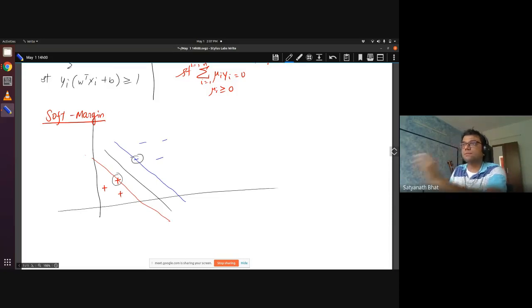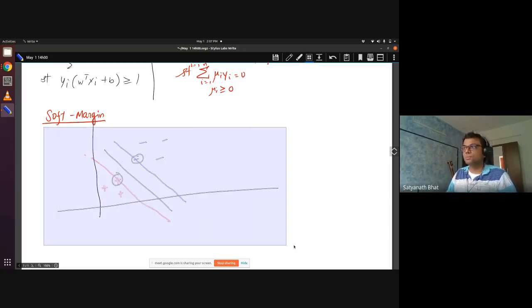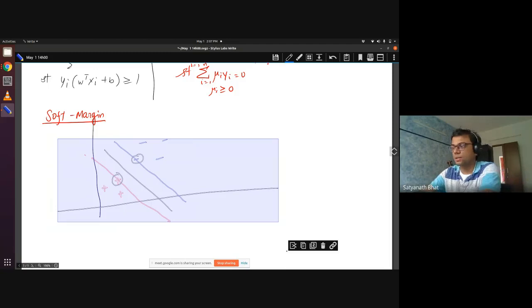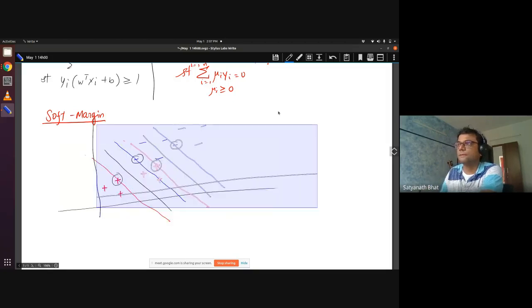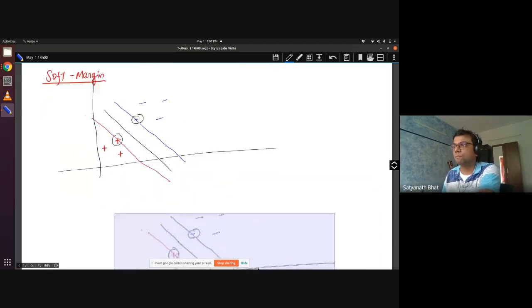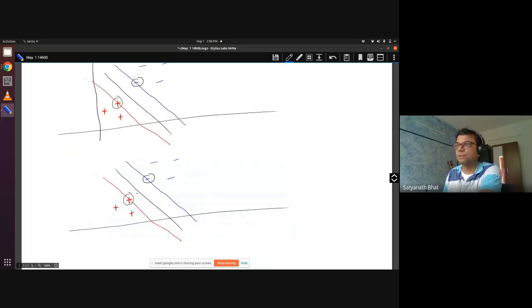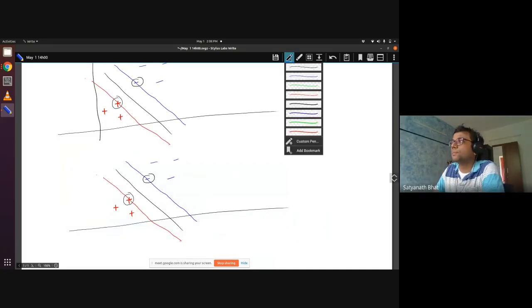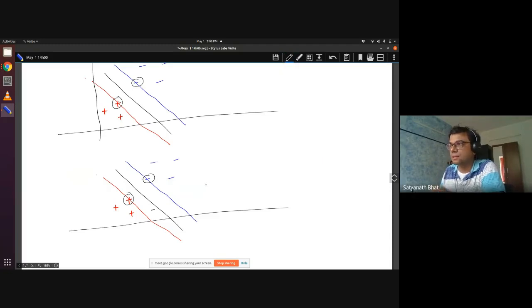So this is a case where your data was linearly separable, but if it is not linearly separable, what do you do? That is the question, right? So let's take an example where the data is actually not linearly separable. Same example, all the points like this are still there, but there are a couple of points, let us say, one of them is here.